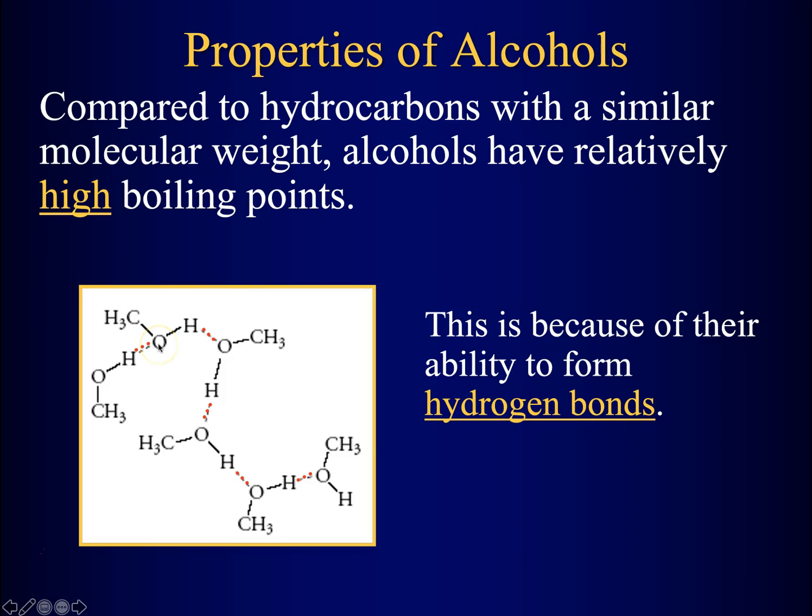So that oxygen has a slight negative charge on it, and these hydrogens have slight positive charges on them. Positive and negative are attracting, so we have a stronger attraction than just our London dispersion forces, which is just carbon and hydrogen bonds for our alkanes, so just our hydrocarbons.